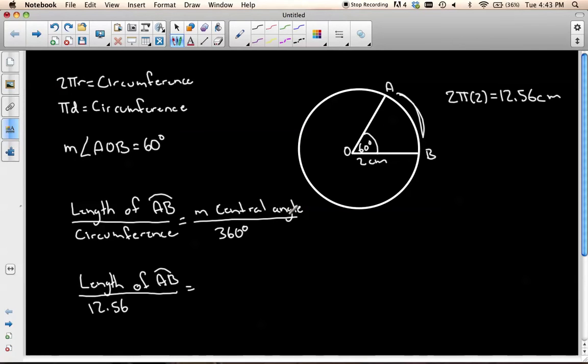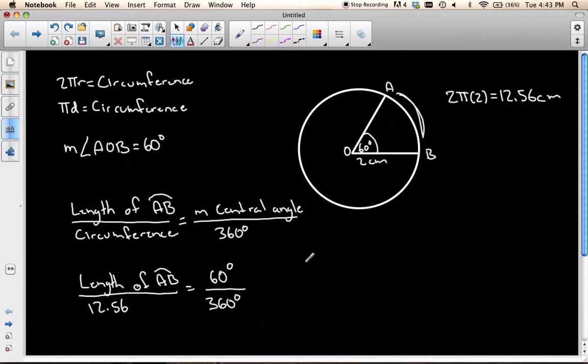Now we have to look at the measure of our central angle. In this case, our central angle is 60 degrees, and we know that the angles of a circle add up to 360 degrees. So all we have to do is cross multiply.